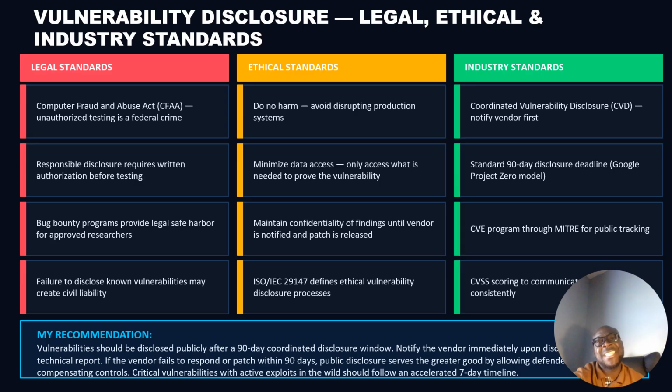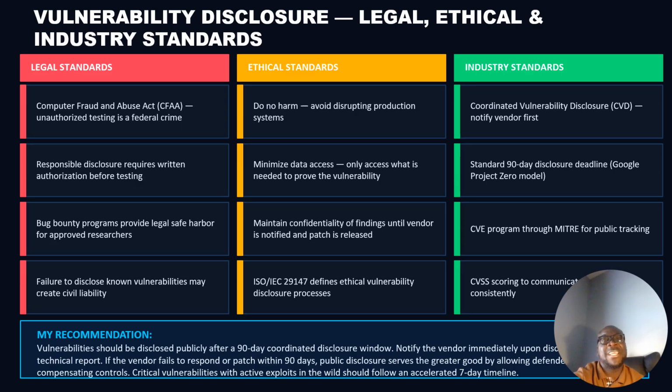The industry standard is coordinated vulnerability disclosure, which gives vendors an opportunity to patch before public notification. Google's Project Zero popularized the 90-day deadline, which has become a widely accepted industry norm.